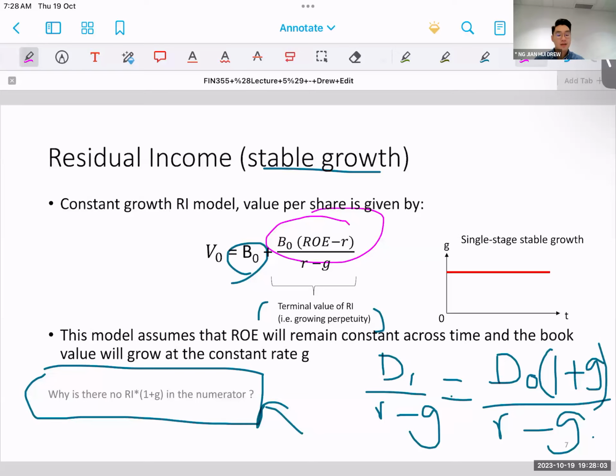But we are using a growing perpetuity. A growing perpetuity is also constant growth, right? It's a constant growth model, so it's the same thing. Remember, this is also a constant growth scenario, a growing perpetuity at a constant rate. It's stable, so it's a stable growth scenario.